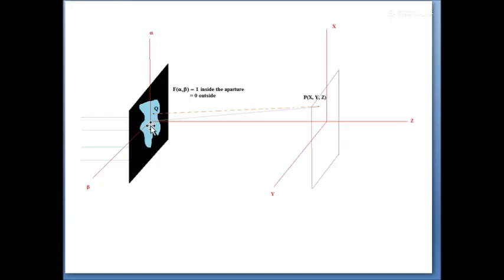Now, to calculate the effect at P, I have to take the sum of the effects of all the points which this aperture consists of. That means I have to consider that all the points lying within this aperture are responsible for generating the diffraction effect at point P. Okay, that is a good approximation.